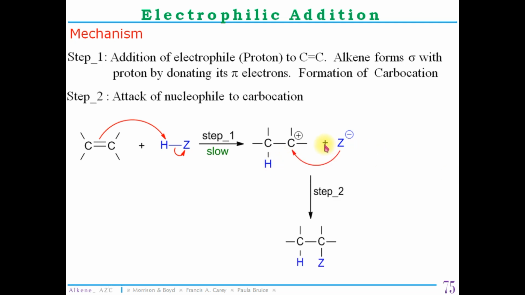In the second step, the nucleophile attacks the electron-deficient carbocation, which gives the addition product. Here the first step is the slow step, that is, the formation of the carbocation.